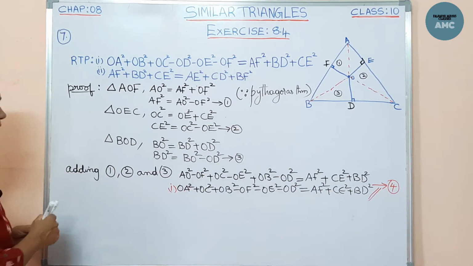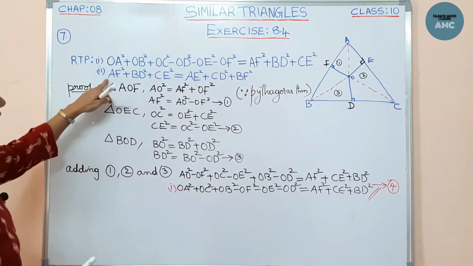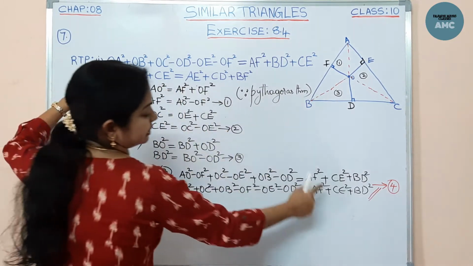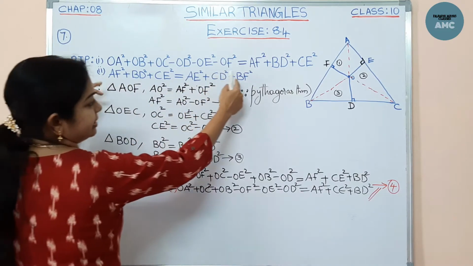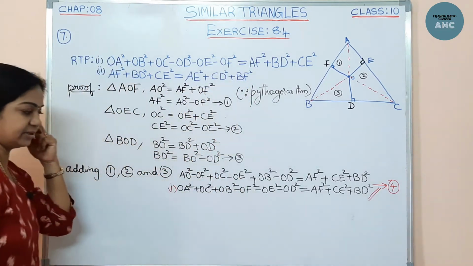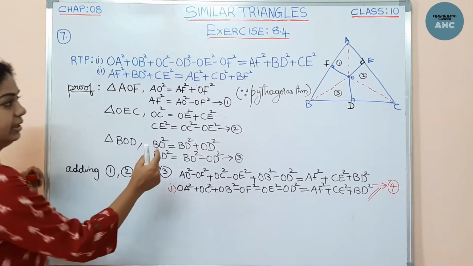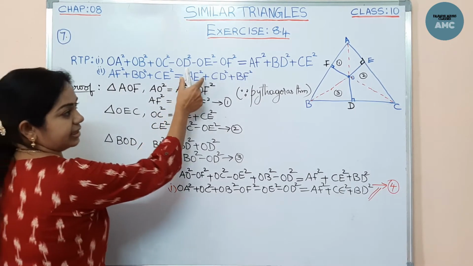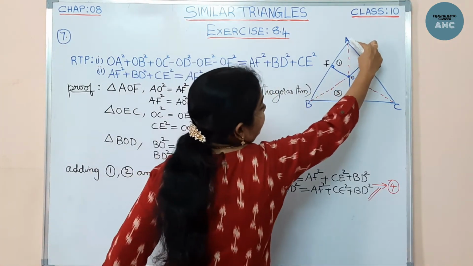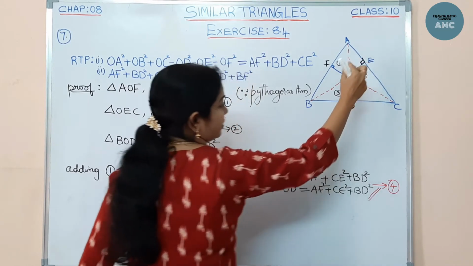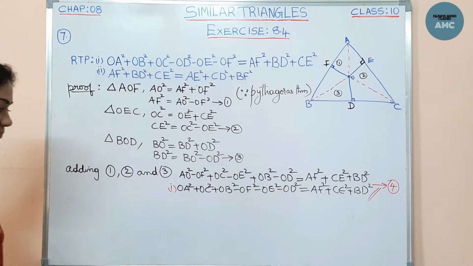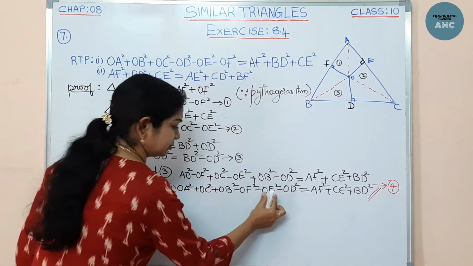Now the second part. If you see clearly, this RHS and LHS are one and the same, but here AE, CD and BF are different. What is AE here? AO square minus OE square.